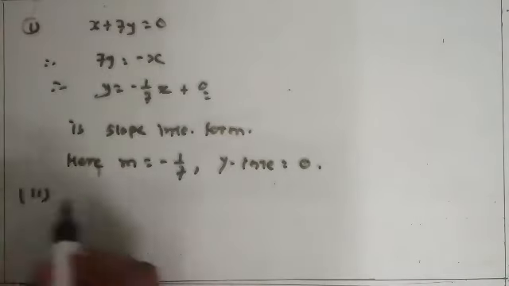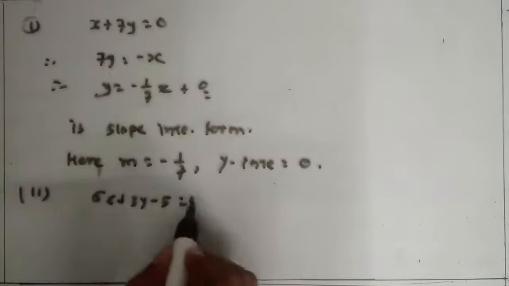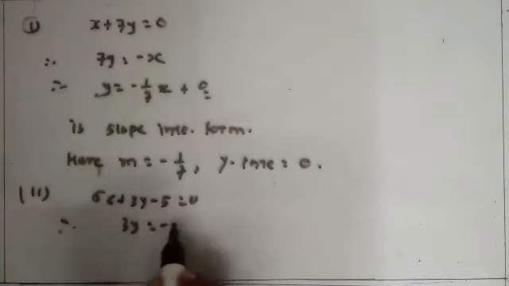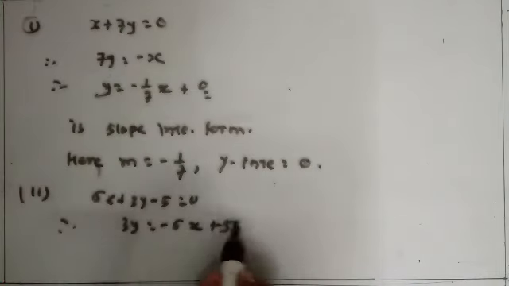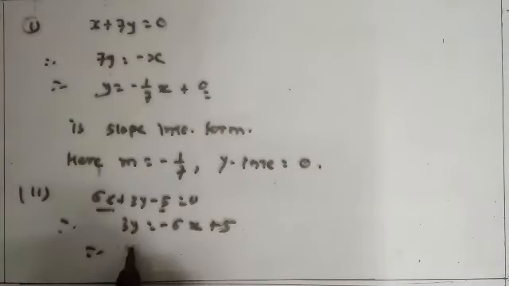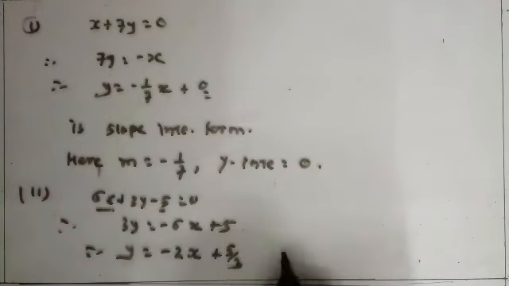Similarly, for the second, 6x plus 3y minus 5 is equal to 0. Therefore, formulate y, we get 3y is equal to minus 6x plus 5. Take the 6x and minus 5 to this side. Now dividing by 3, we get y is equal to minus 6 upon 3, that is minus 2x plus 5 upon 3. This is the slope intercept form. Clear?